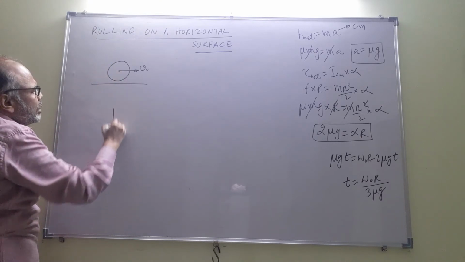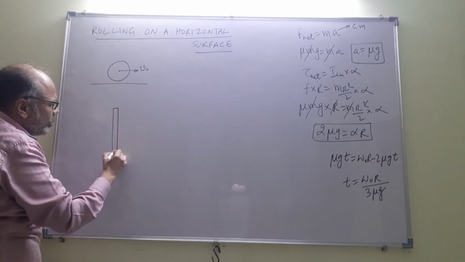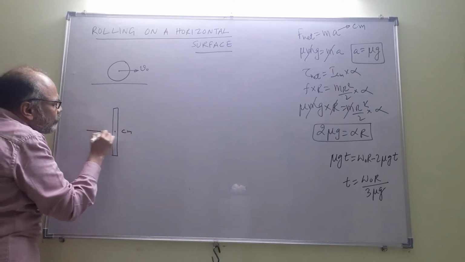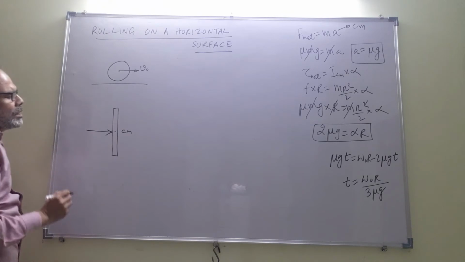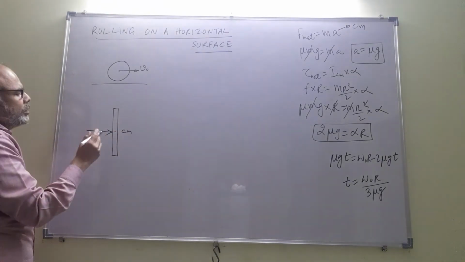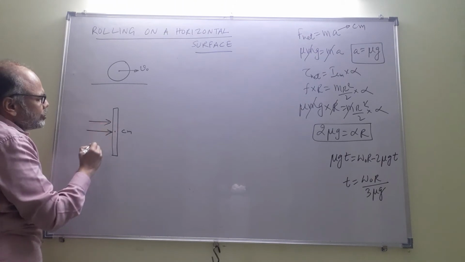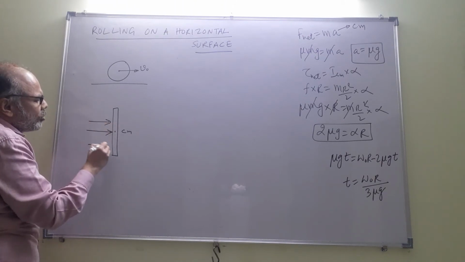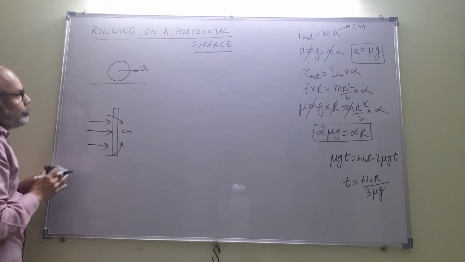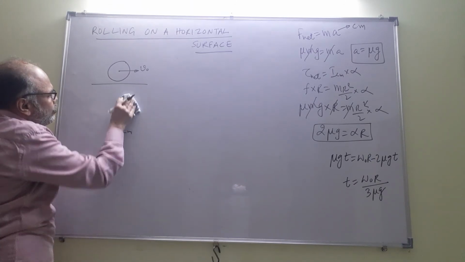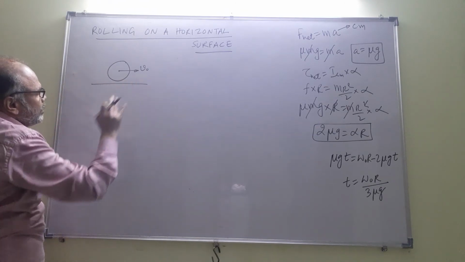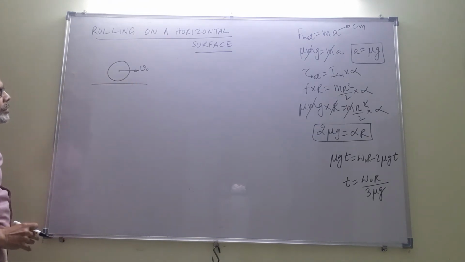For example, if you had a rod and I apply a force which passes through the center of mass, the rod will only translate, it will not rotate. For it to rotate, the forces must be off center, either above or below. Only these forces can rotate. So let us say we don't rotate it, we give an impulse so that the linear velocity is v0.